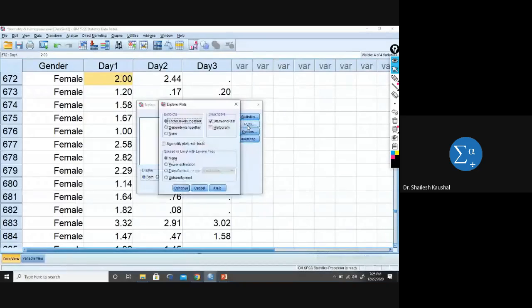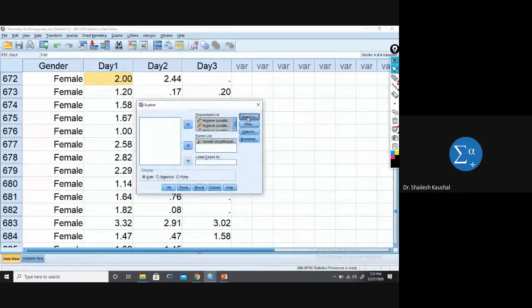I don't need the histogram. I need only the K-S test and Levene's test value. For the normality plots, and for homogeneity, Levene's test, we tick Untransformed. Then Continue.